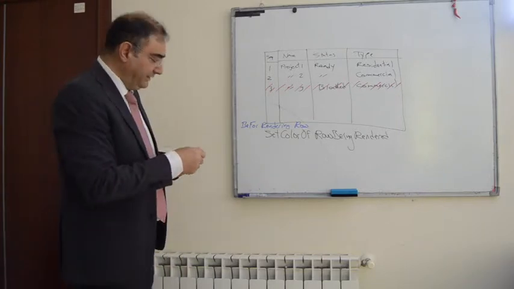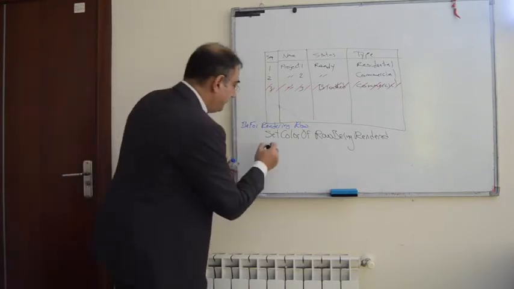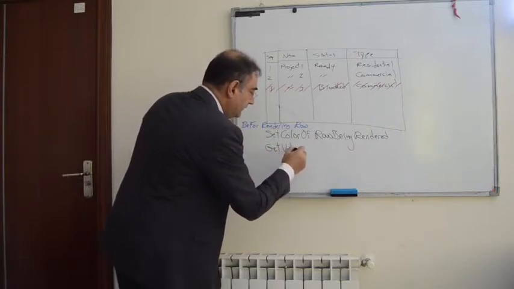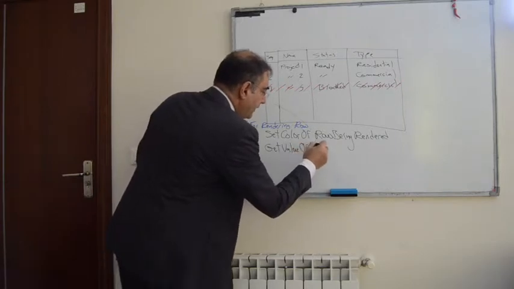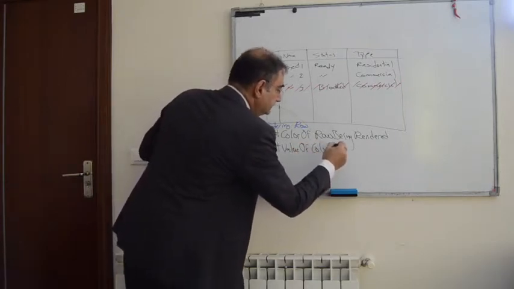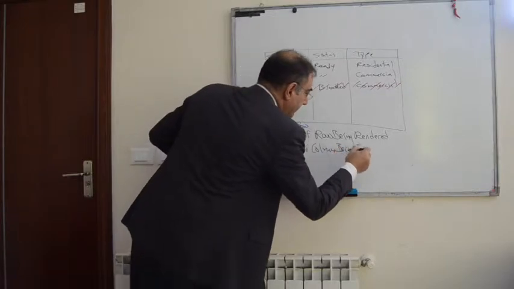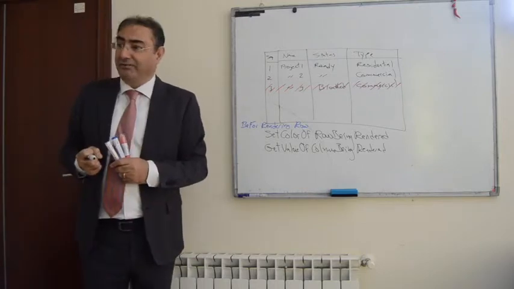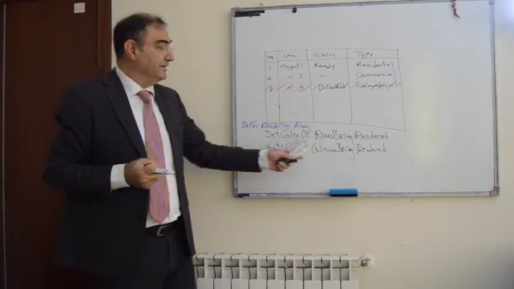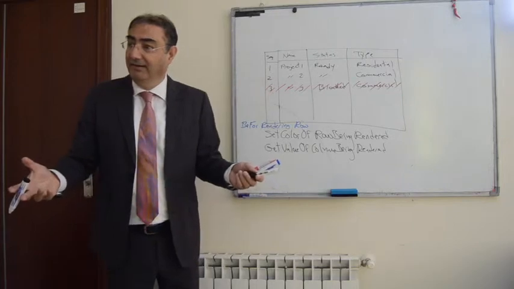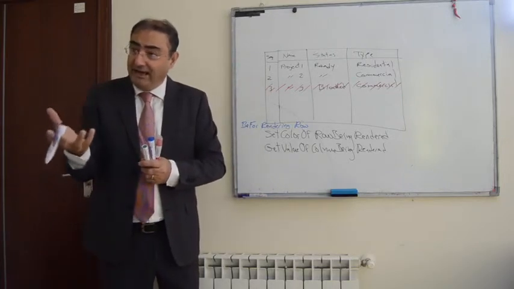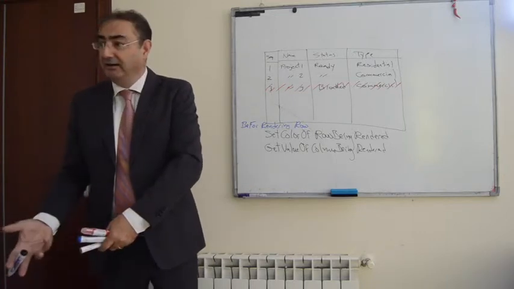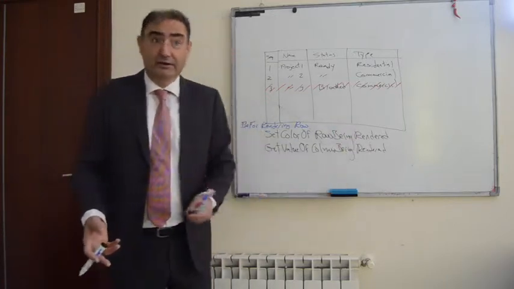To be able to do that, you use the function that's called get value of column being rendered. You get a value of column being rendered, and you would say what column, and based on that you compare. If that value is blocked, set the background color to this.